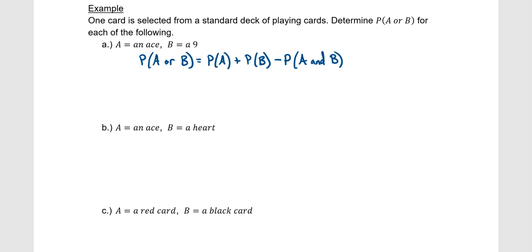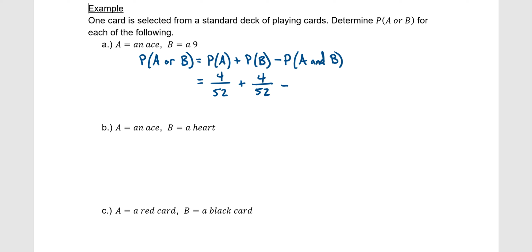So we have our addition formula here, and we want the probability of A. The probability of A is the probability that it is an ace. There are 4 aces in the deck, 52 cards total, so 4 out of 52. Plus the probability that it is a 9. There are 4 9s in the deck, 1 for each suit, once again, 52 total cards, minus the probability that it is an ace and a 9.